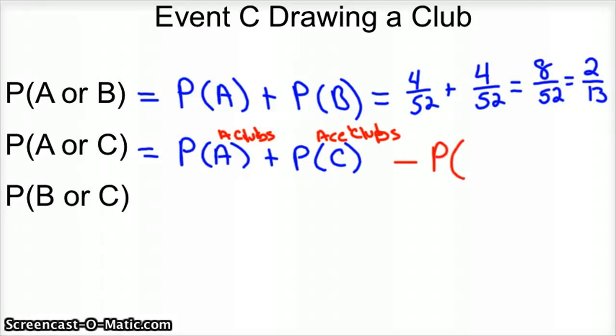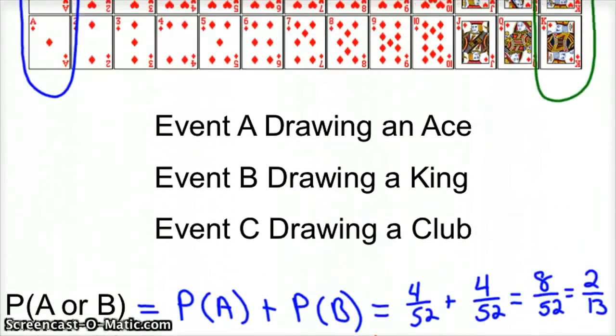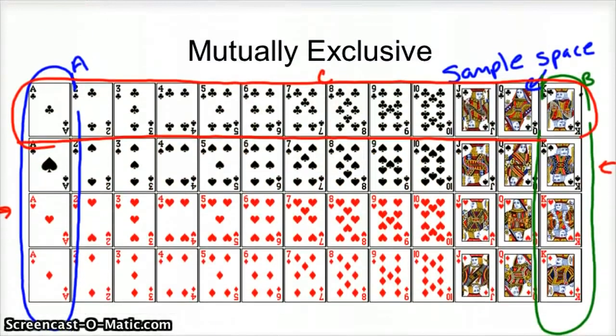We need to subtract off the probability of A and C occurring at the same time. So visually, if you go back up to our sample space, here's our 4 aces, there's our sample space for A. Here's our 13 clubs. And notice when you count the blue and the red, you counted this one twice. So we've got to subtract one off because you counted it twice.